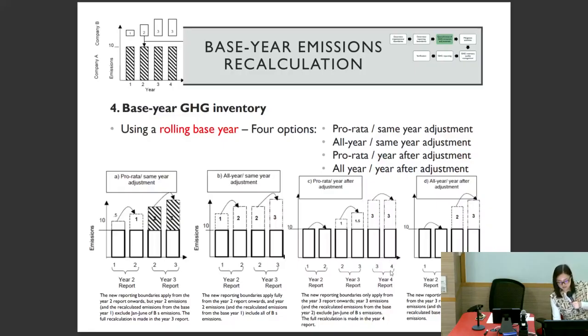And in the year 4 report, if you refer to the base year, Company A will own Company B for the whole year, so 100%. So 3 and 3 for year 3 and year 4. So this is the pro rata year after adjustment.